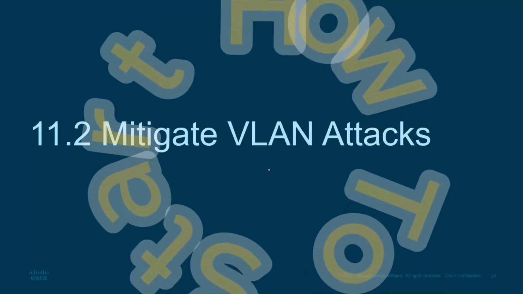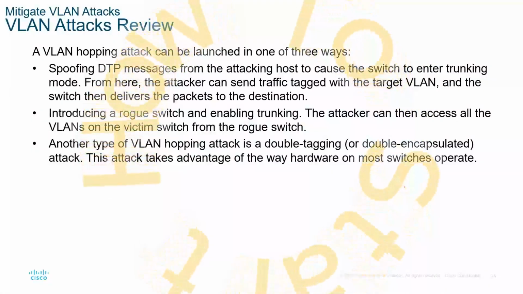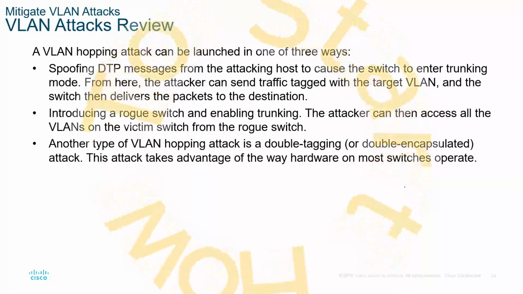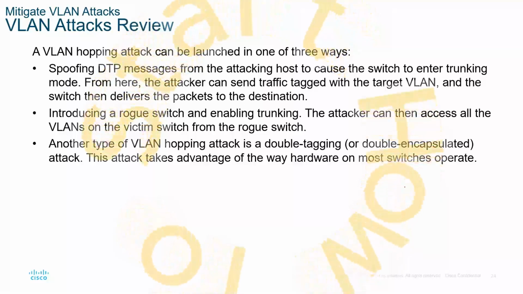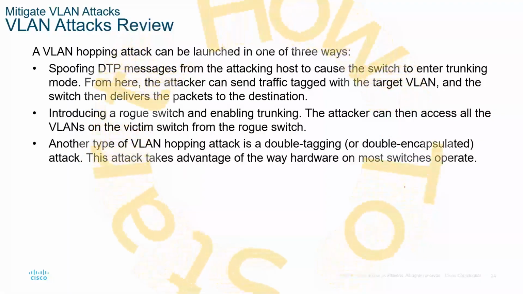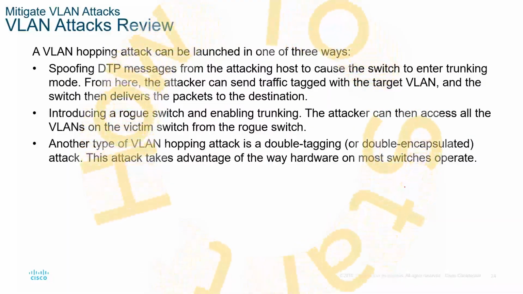Alright, so moving on. 11.2 Mitigating VLAN Attacks. So we've already discussed VLAN hopping attacks can be launched in a few different ways. One of the big ones is an end device being able to use either DTP or some other function to get a trunk port connected to that switch.